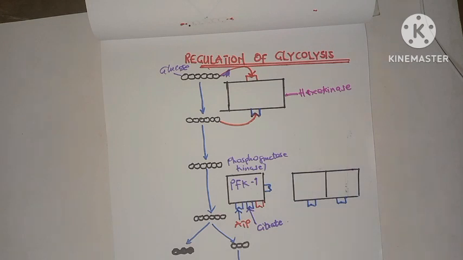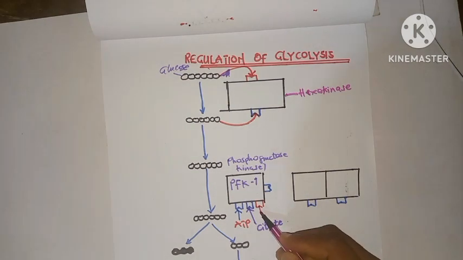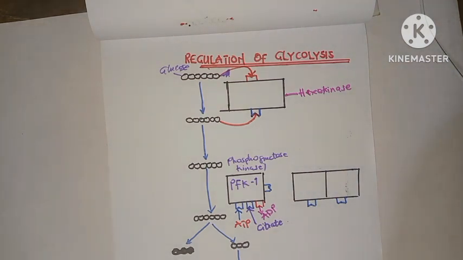So more ADP will stimulate phosphofructose kinase 1 to make more ATP. ADP also stimulates phosphofructose kinase 1.